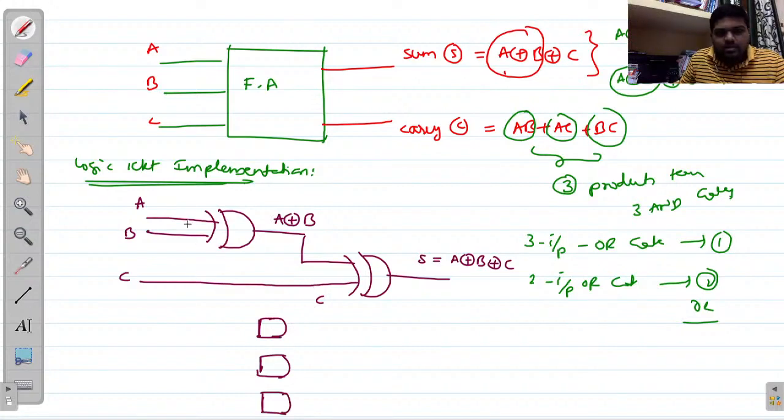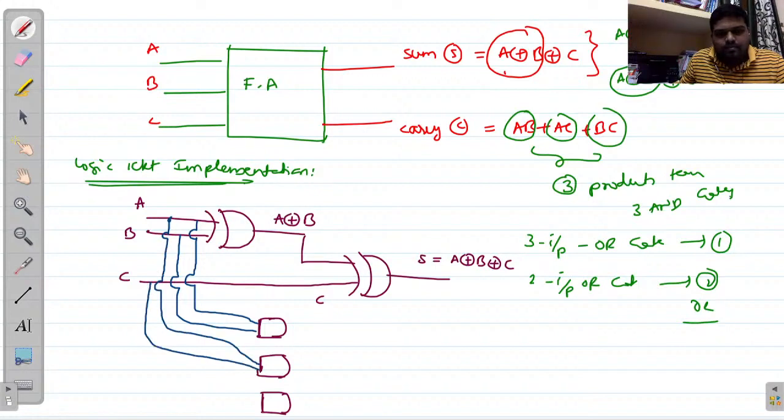Okay, first I will take connection from A. Okay, and next I will take the connection from B. Okay, and next A, and next C. Okay, and next B and C.